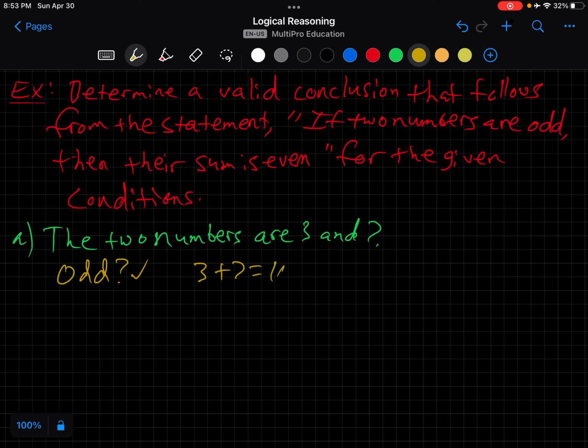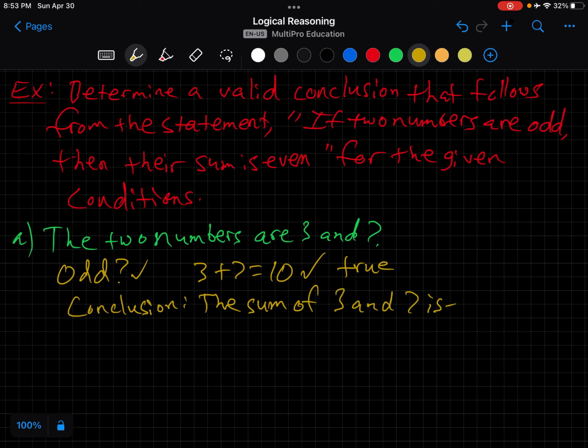And 3 plus 7 equals 10. Is that even? Yes. So this is a true statement, and the conclusion is that the sum of 3 and 7 is even.